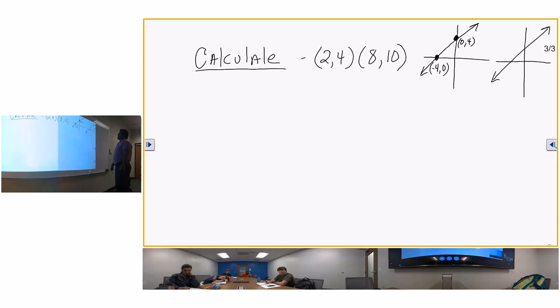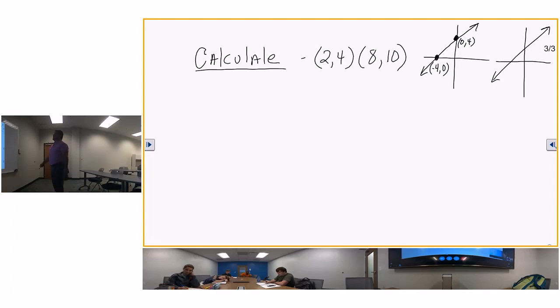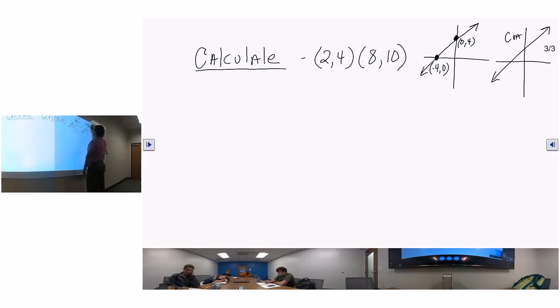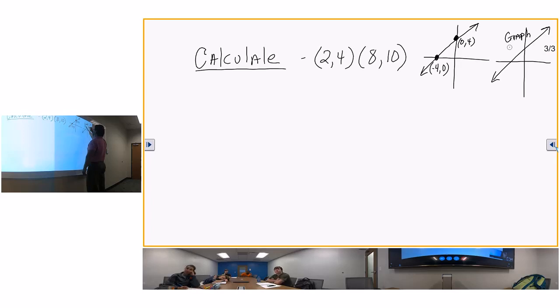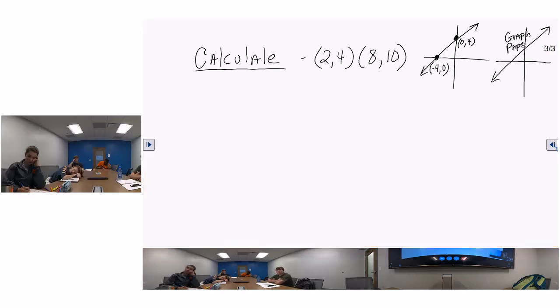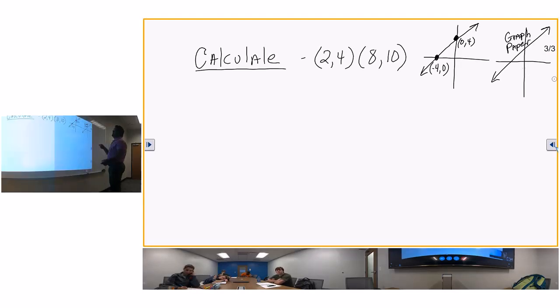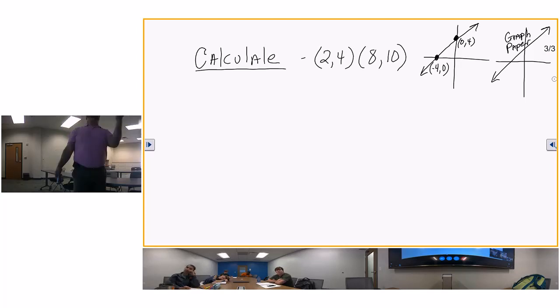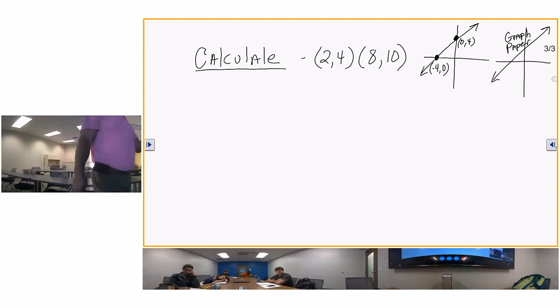Or I can give you 2 points like this, and you actually have to find 2 points. You have to find them. Usually this will be on the back of graph paper. Why do I have to have graph paper on this one? So you can find the numbers, because you can't see where you can't see. You've got to get the corners of the boxes, you know what I'm saying, on graph paper. So usually on that third one, you'll have to have a piece of graph paper in the background so you can actually find the points.